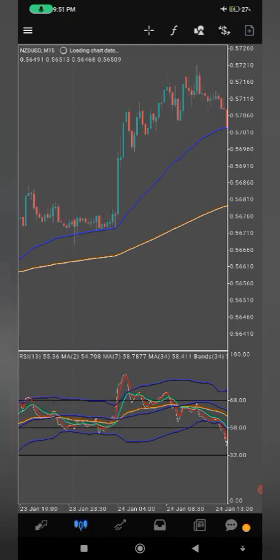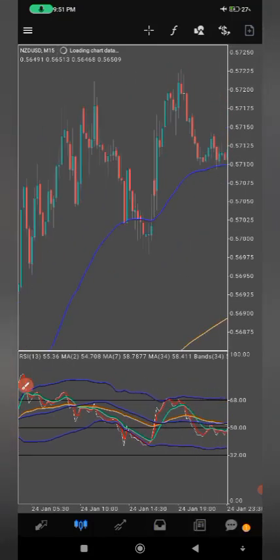Okay, this side. Yeah, this side. They are patterns. You see them, they are patterns. Look at this one now. It's a pattern.